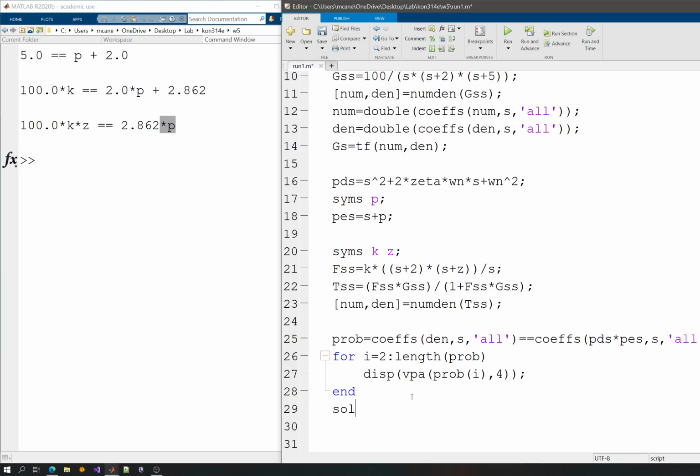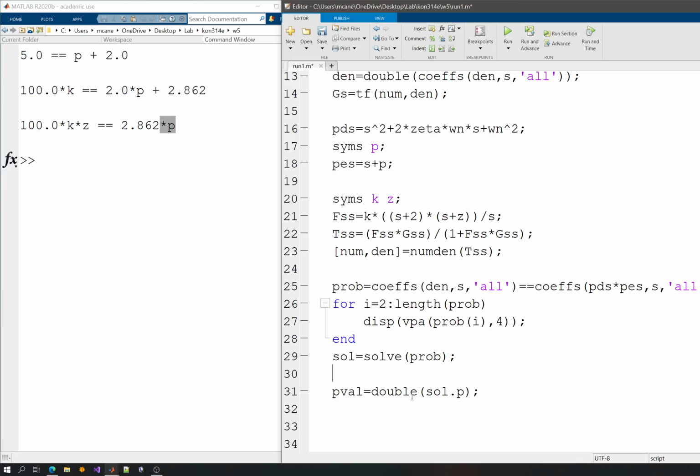Or Matlab is also able to solve this problem if I provide it here, and I can now go ahead and say what the p-val is. It is double of the solution point p, and then the same for all 3 unknowns, which is z and k.